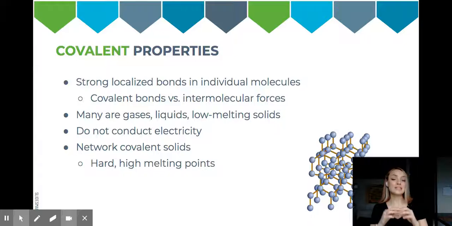However, it takes a lot of energy for the individual atoms in a molecule to actually break away from that molecule. So that helps to explain why we see a lot of covalently bonded substances that are gases, liquids, or low melting solids, because all of those individual molecules are able to break out of a very regular structure and become liquids or gases, or to melt at a very low temperature, but still maintain their molecular integrity.